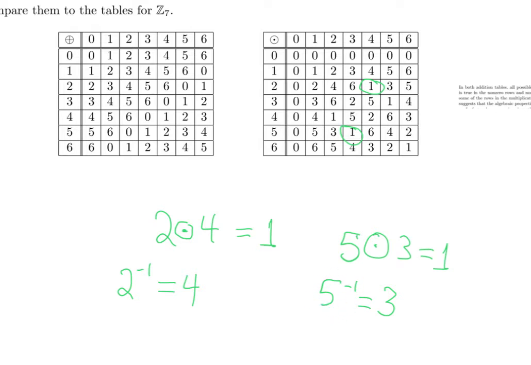But the cool thing here with modular arithmetic is I can figure out something to multiply by 5 to get 1. Typically in the real number world, if I do 5 times something and get 1, that something has to be 1/5. There's no other possibility. We refer to 1/5 as the multiplicative inverse of 5.